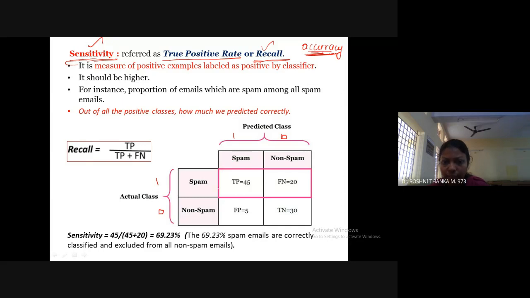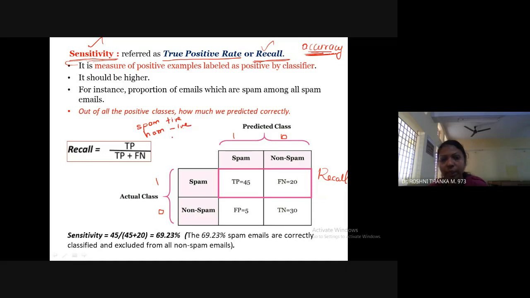This row-wise measure is said to be recall. So what does recall say? We already know that this row is the actual value. Here we are considering spam mail as positive, and ham mail, or non-spam mail, as negative.